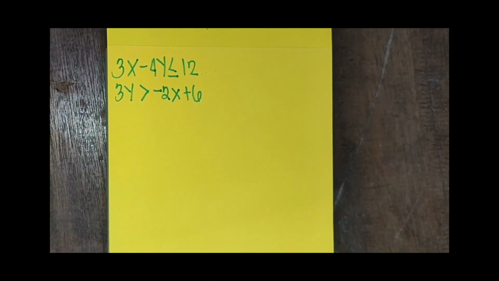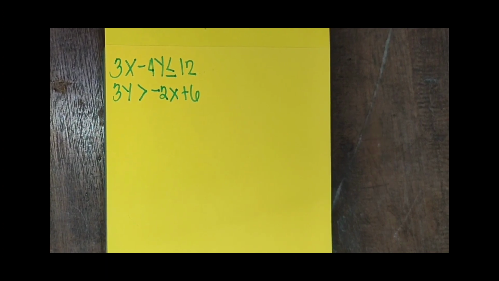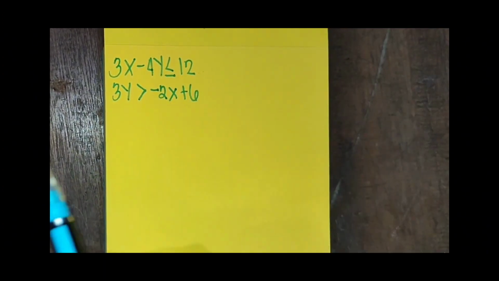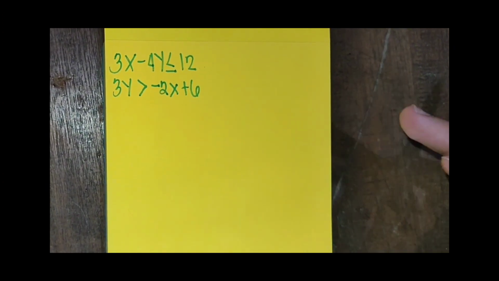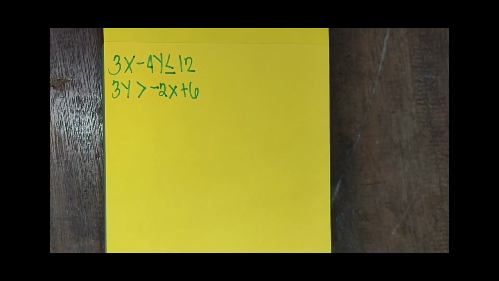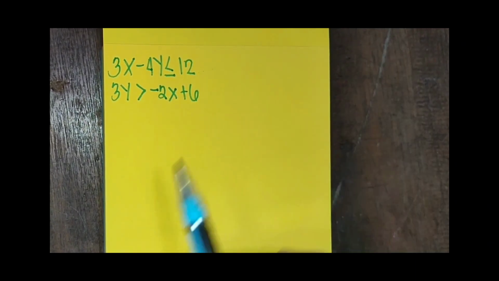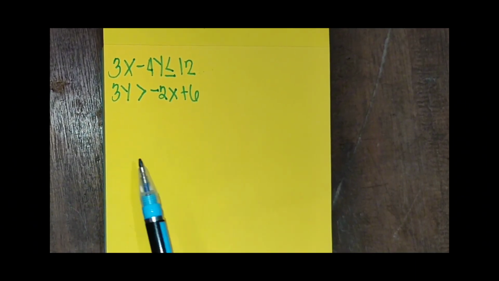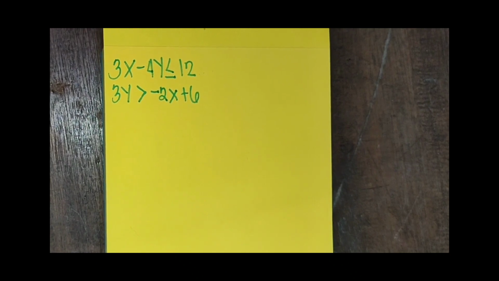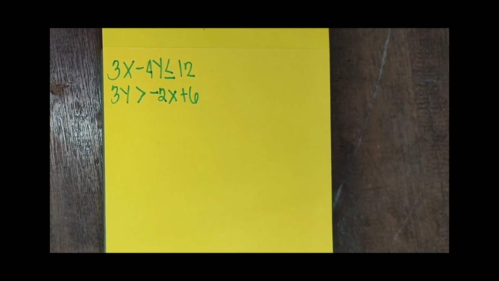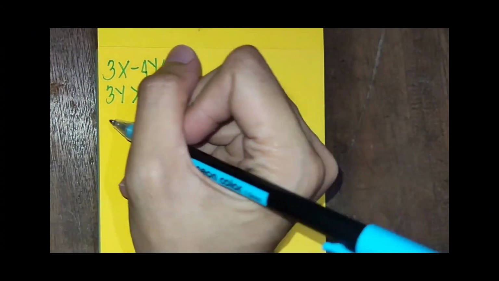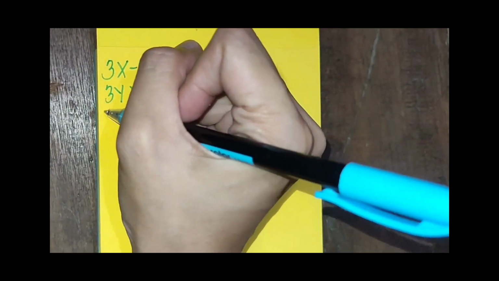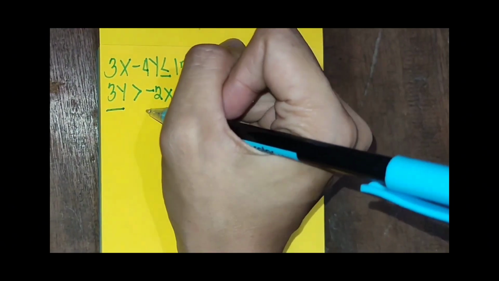Next naman. Dito na tayo sa pinakamahirap na part kasi need na natin ng solve. So, ang unang equation is 3x negative 4y less than or equal to 12. And ang sunod is 3y greater than negative 2x plus 6. Paano natin mawawala tong 3? So, i-divide lang natin sila sa 3 para maging y na lang siya.